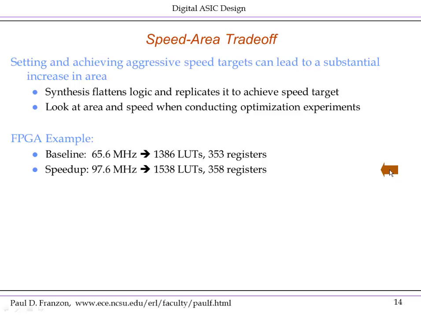Make the design faster, the area goes up. You need more lookup tables and more registers. Quite often in FPGA, you're quite seriously constrained, particularly in the lower cost FPGAs, as to how many of these things you have. So slowing down the clock is one way to fit things better into an FPGA, as illustrated here.